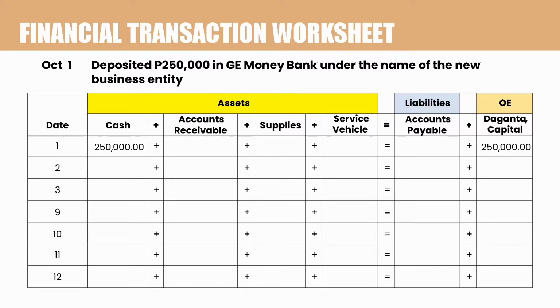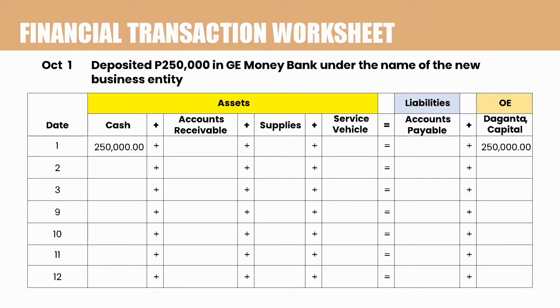And dito din sa ating Daganta capital na column. So bakit? Kasi kapag nag-deposit si owner for the new business na tinayo niya, yan ay considered as investment. Okay? At kapag investment, yan ay capital, so yan ay napupunta sa ating capital na column.